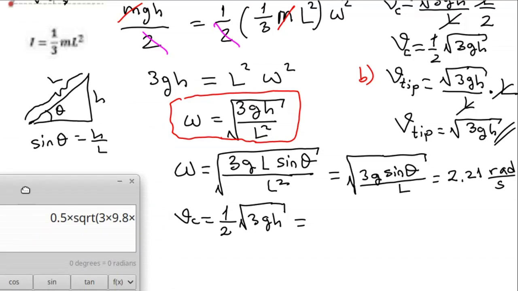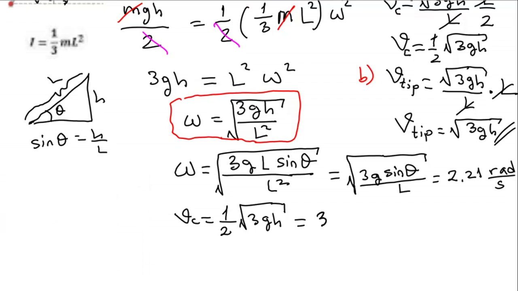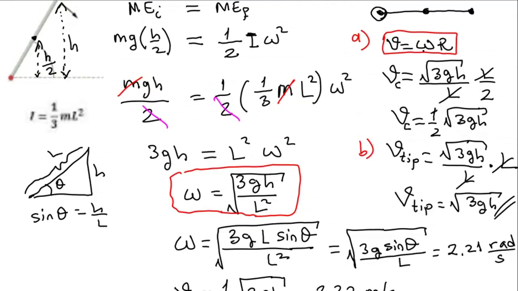Height we found is L times sine theta. Length is 3 meters, sine of 30. That gives 3.32 meters per second. We could find this directly using v equals omega r, because we already know omega.